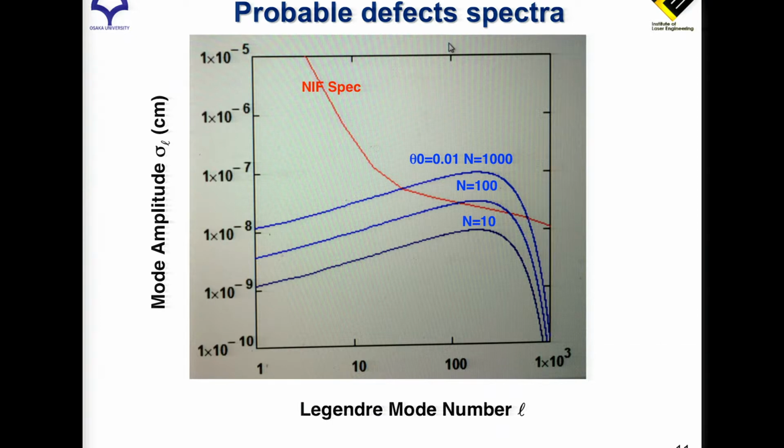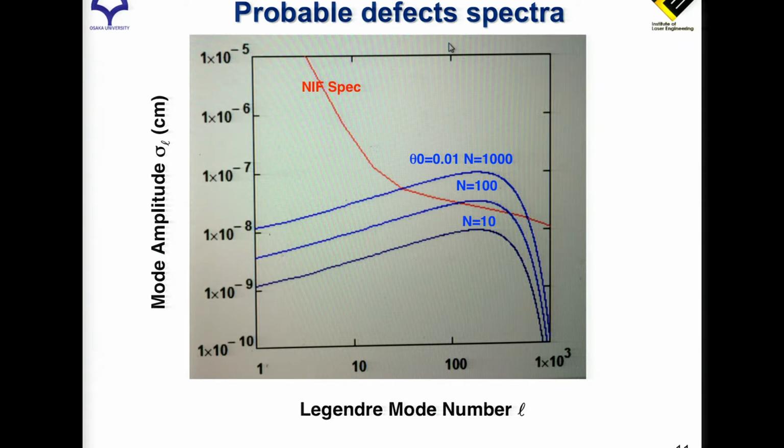And this is a comparison between the NIF standard spec shown in red, and this mode amplitude, which I analyzed for numbers of dots from 10 to 1,000.